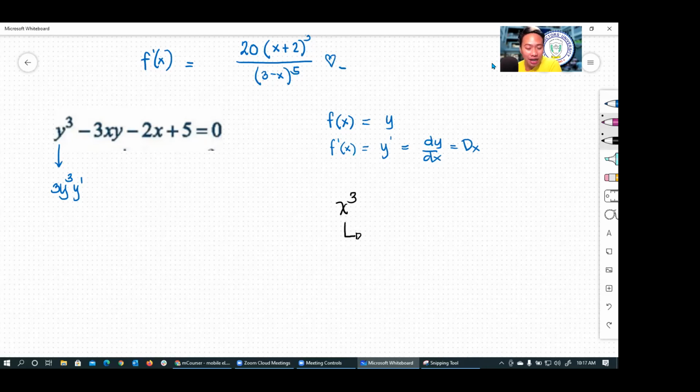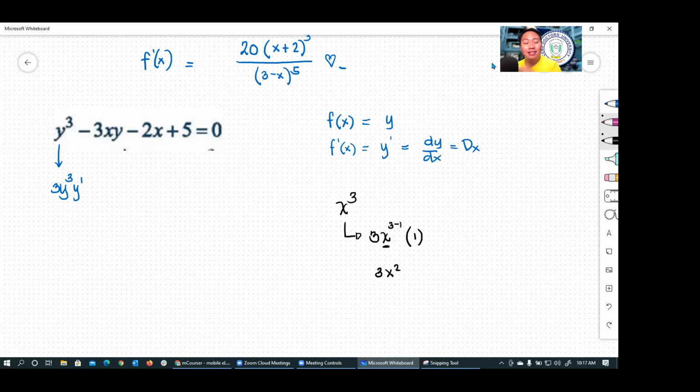You bring down 3, you copy x, and then you do 3 minus 1, and then you multiply it by the derivative of x. What is the derivative of x? Technically 1. So the answer is 3x squared.